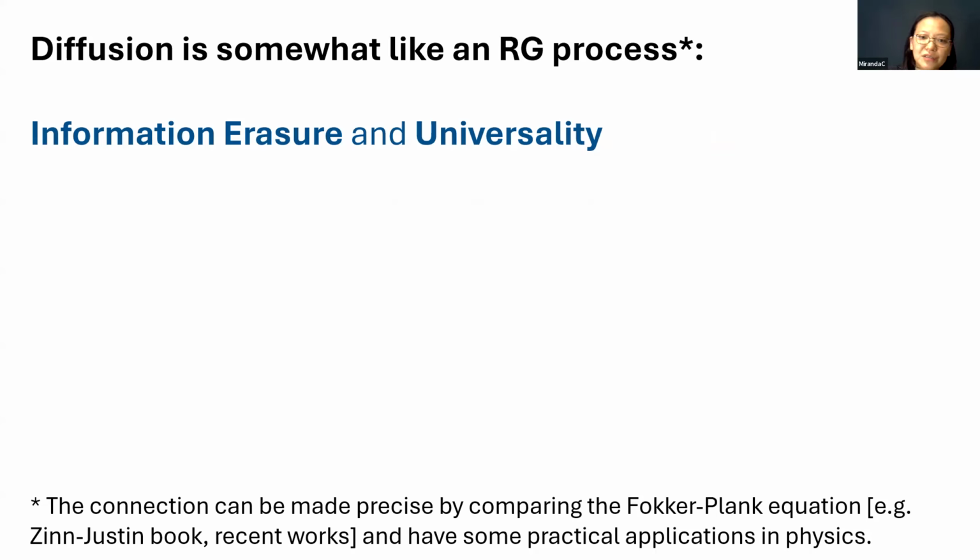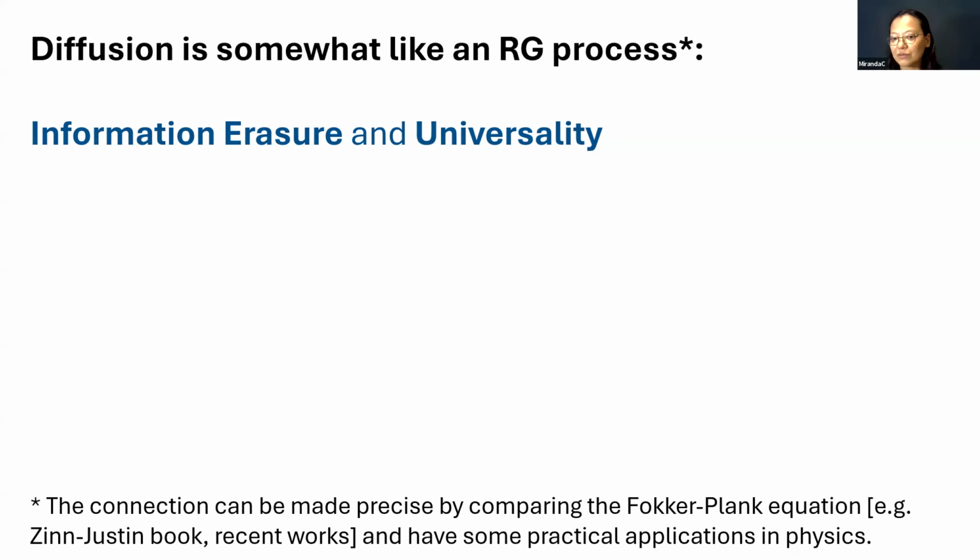Well, the diffusion process is somewhat like an RG process. And this can be made very precise by, I'm now explaining the footnote here, comparing the Fokker-Planck equation and making certain choices, for instance. There are also recent works on that.